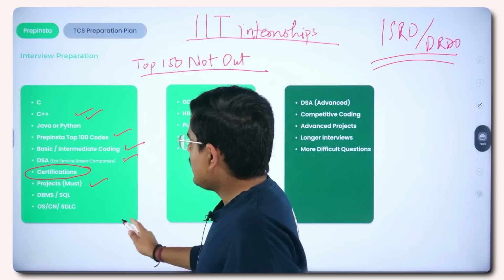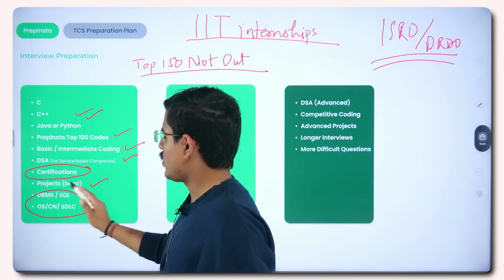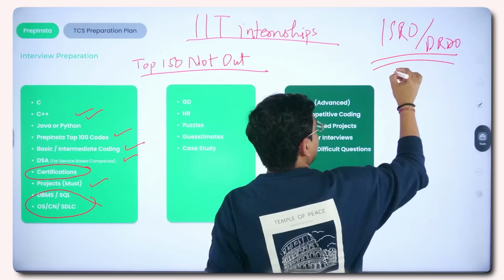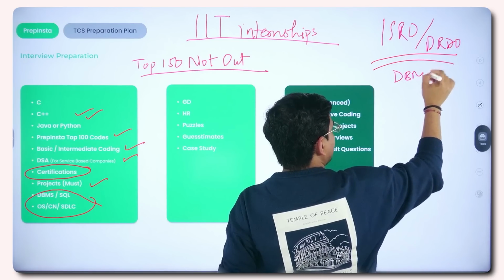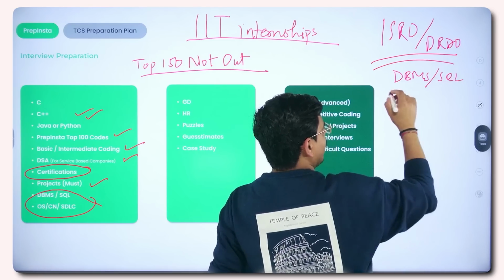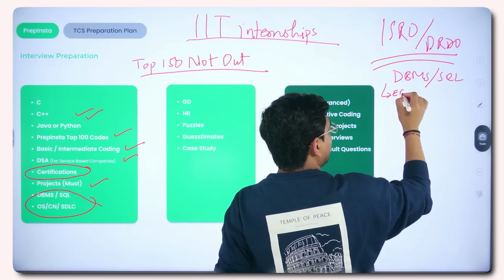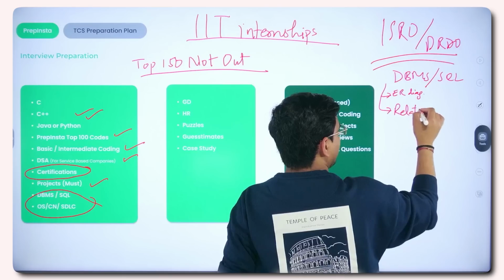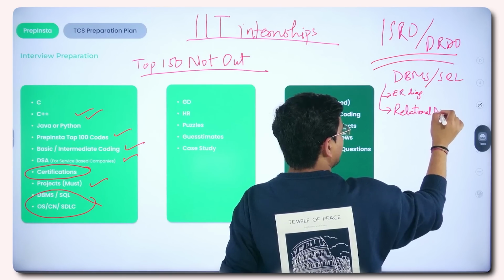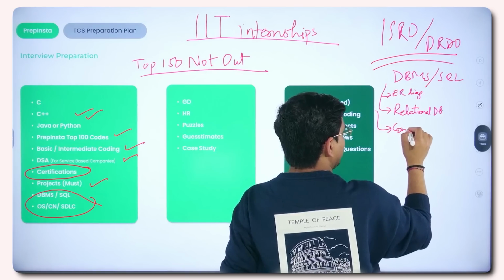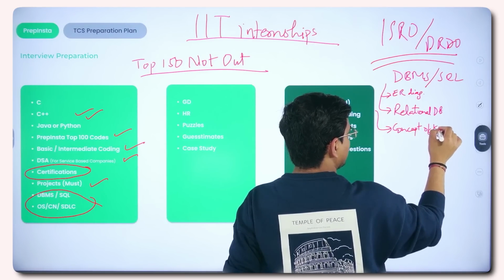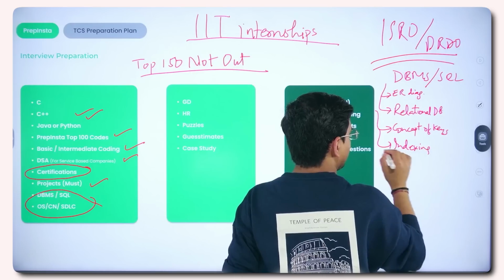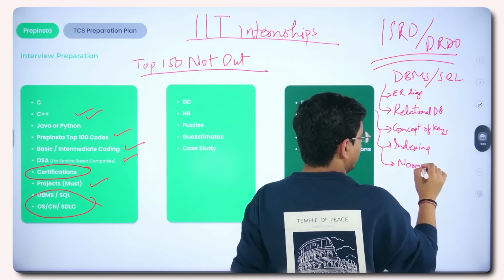Alongside that, CS fundamentals. This is the portion of CS fundamentals. These are super important. I'll write here what to study in CS fundamentals. Either you can go on Prime, otherwise DBMS and SQL is what you need to cover. For the DBMS portion: ER diagrams, relational DB, concept of keys, indexing, normal forms.